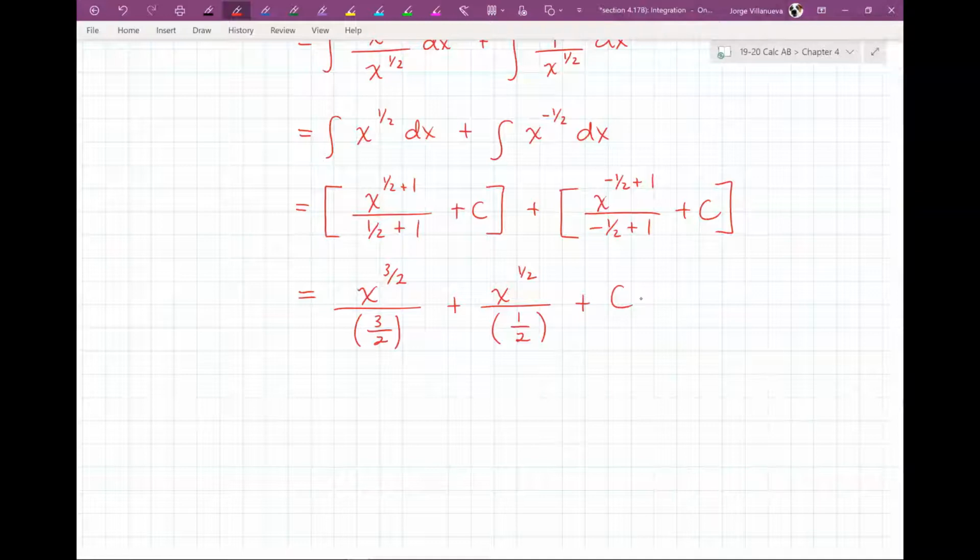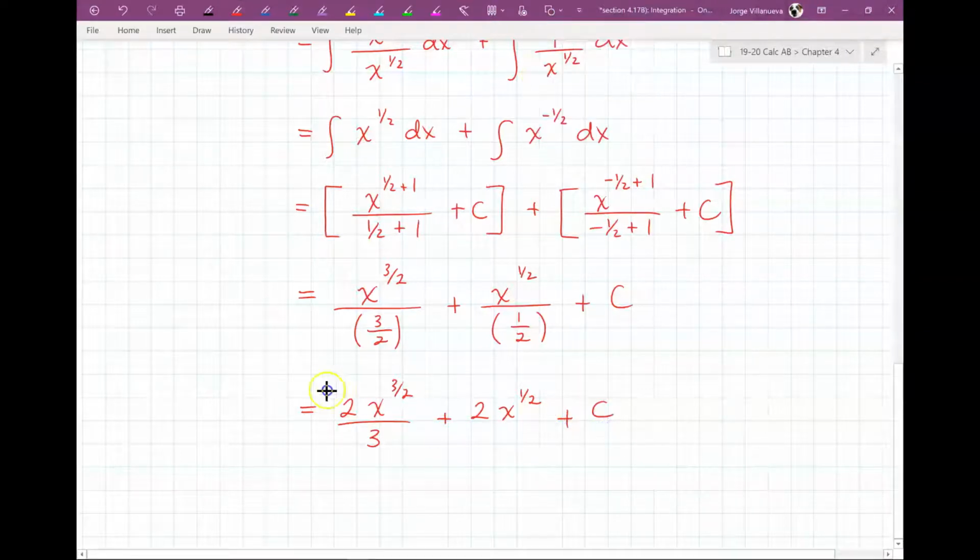So instead of x to the 3 halves divided by 3 halves, I'm going to write 2x to the 3 halves over 3, because I multiplied by 2/3 instead of dividing by 3 halves. Plus, for the next one, I'm going to write 2x to the half, leaving out the divided by 1. And then plus c. And there's your answer for this one.